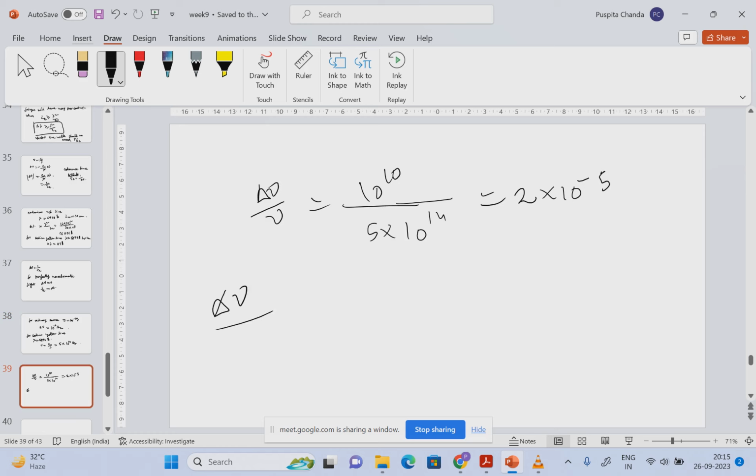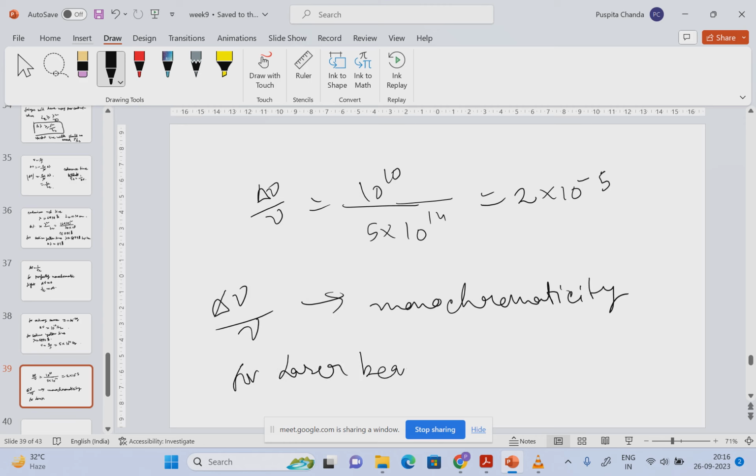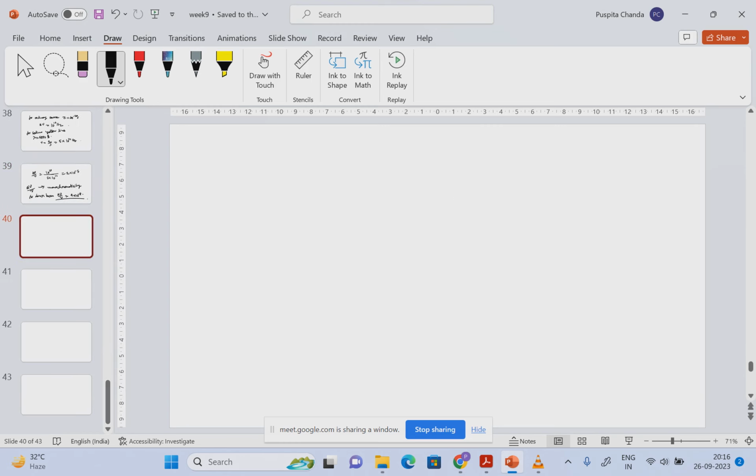This value delta nu by nu represents monochromaticity. For a laser beam, delta nu by nu is 4 into 10 to the power minus 8.